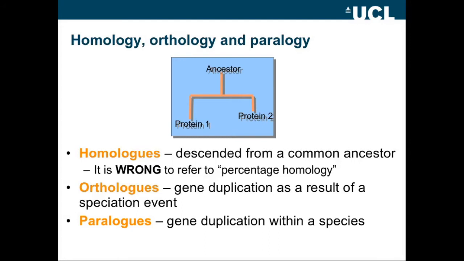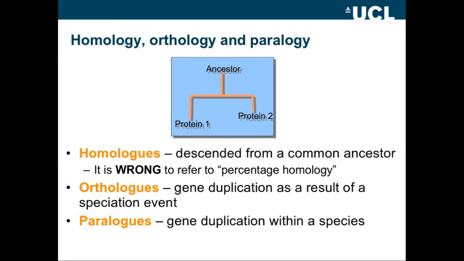Now, the term ortholog means a gene duplication which has occurred as a result of a speciation event. So, for example, comparing G6PD, glucose 6-phosphate dehydrogenase, the human version with the mouse version or the rabbit version or whatever.